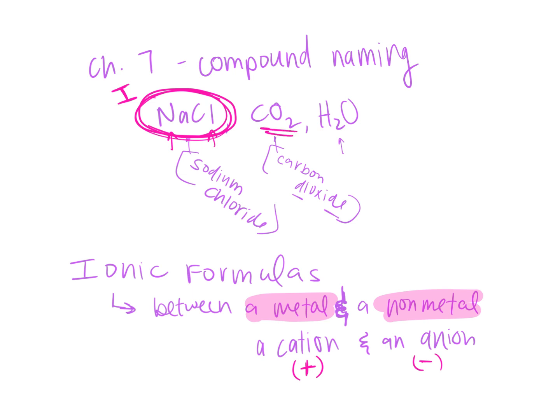Is it an ionic compound? No, because those are both non-metals. So we'll learn about those later. What about H2O? Is it ionic or not? It's not ionic, right? Because hydrogen and oxygen are both non-metals. So we'll talk about those later. But NaCl is going to fall into our category of ionic compounds. Okay, so we know how to identify an ionic compound. It has to have a metal and a non-metal. So now let's go over some rules about how we can name them, okay?